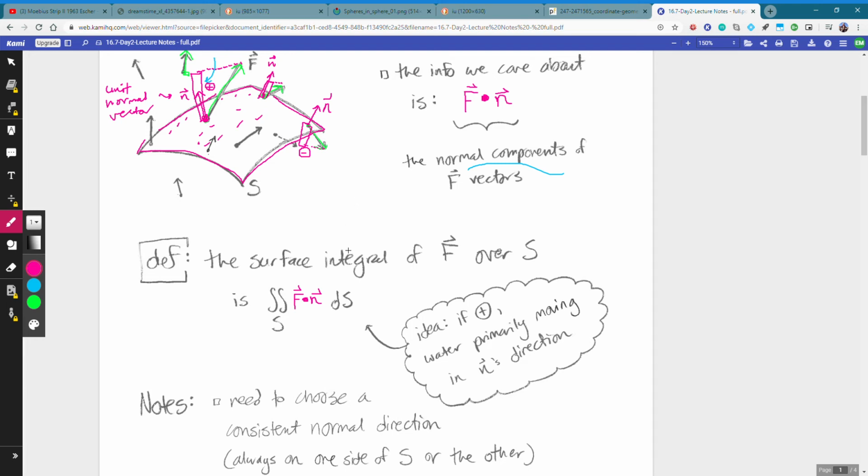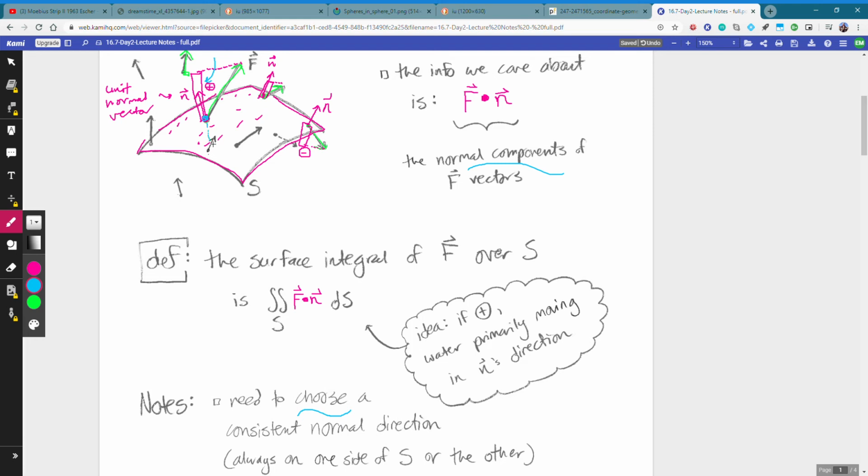One of the interesting aspects of surface integrals for vector fields is it involves a choice. At the point that we started with here on the surface, to draw a normal vector, I drew this vector pointing up, but maybe you're a contrarian and you said, I don't like that normal vector.